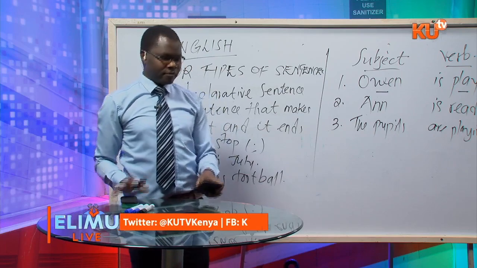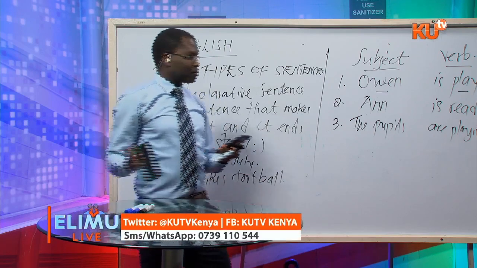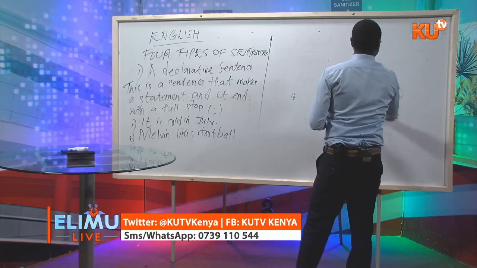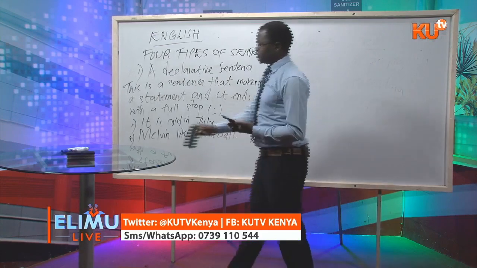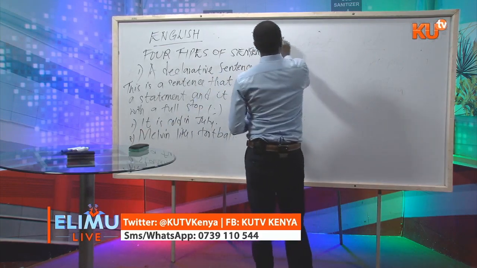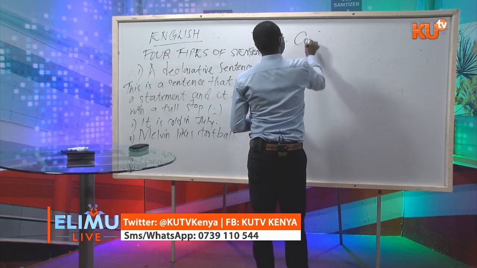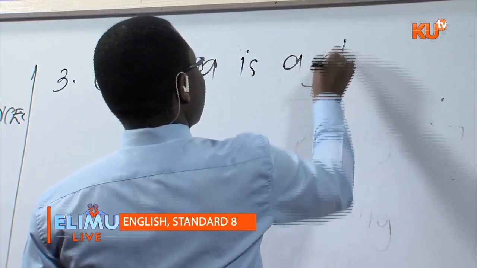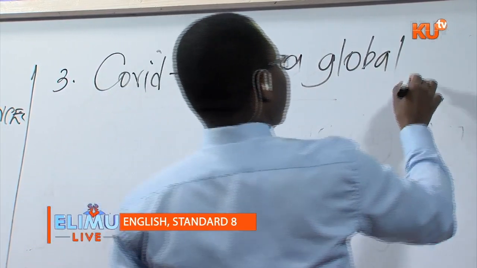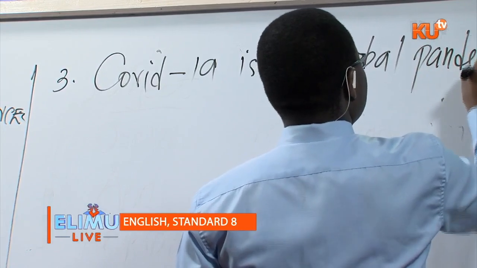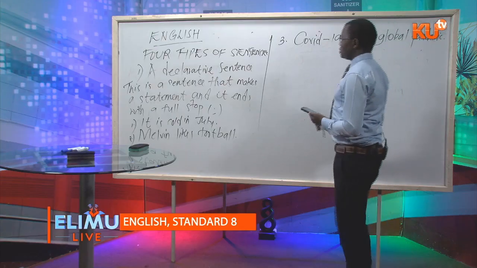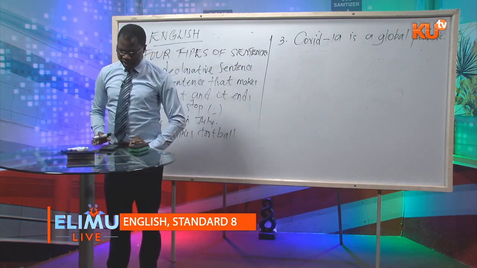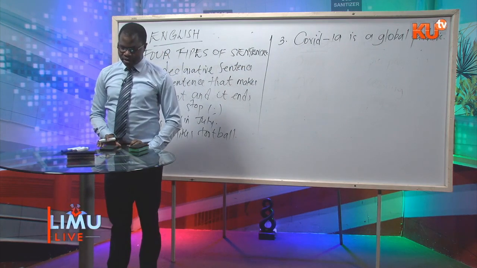Another example of a declarative sentence, as we look at types of sentences: COVID-19 is a global pandemic. That is also another example of a declarative sentence.